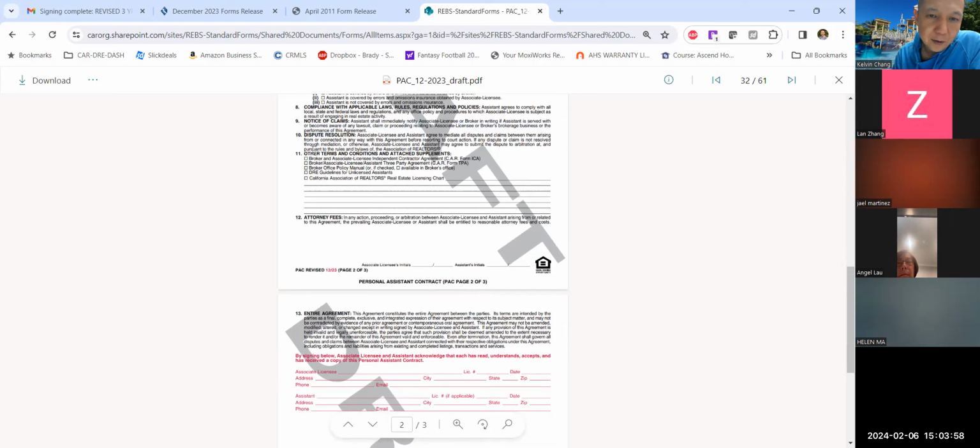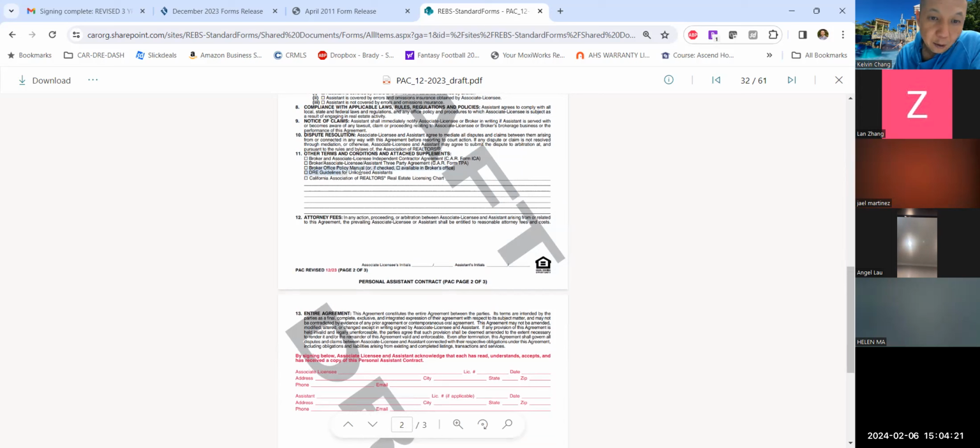Other things is just know that there are other great supplemental forms. If you have an assistant, we already have what's called our own independent contractor agreement. So that is something we've signed, you and I together. Now there is a three-party agreement I'm going to show you.